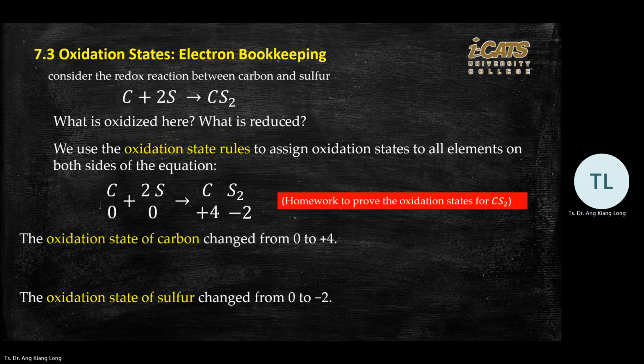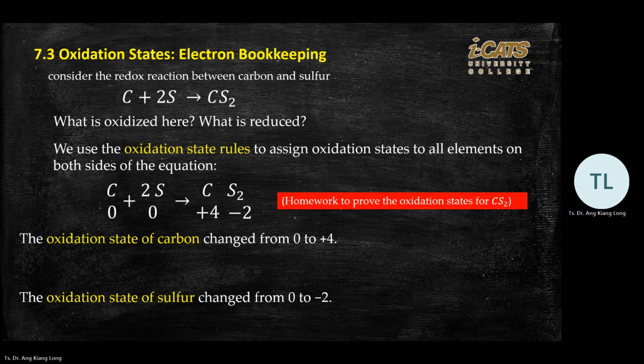So you see the oxidation state of carbon, you have to see before and after. This is the forward reaction, from left to right. So you look at each individual element. Carbon oxidation state goes from 0 to plus 4.